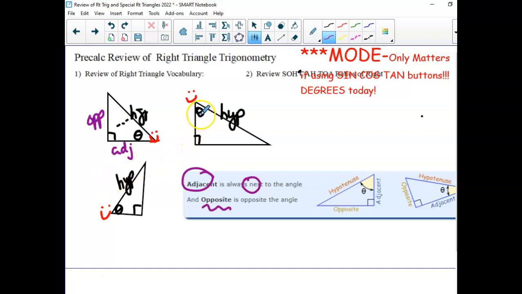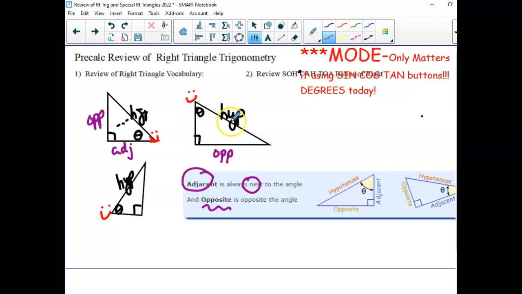So on this one, where is adjacent and where is opposite? If my angle that I chose to stand at is up at the top here, what would the bottom be called down here? That would be opposite of where I am. And right over here would be next to.